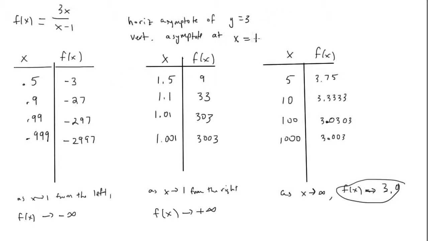Now, looking at the vertical asymptote, it's perhaps not surprising because the domain here is everything but 1. We already knew that. And then graphically, we're just saying, okay, what's the behavior look like close to 1? The function, of course, is not even defined at 1, but near 1, what does the behavior look like?